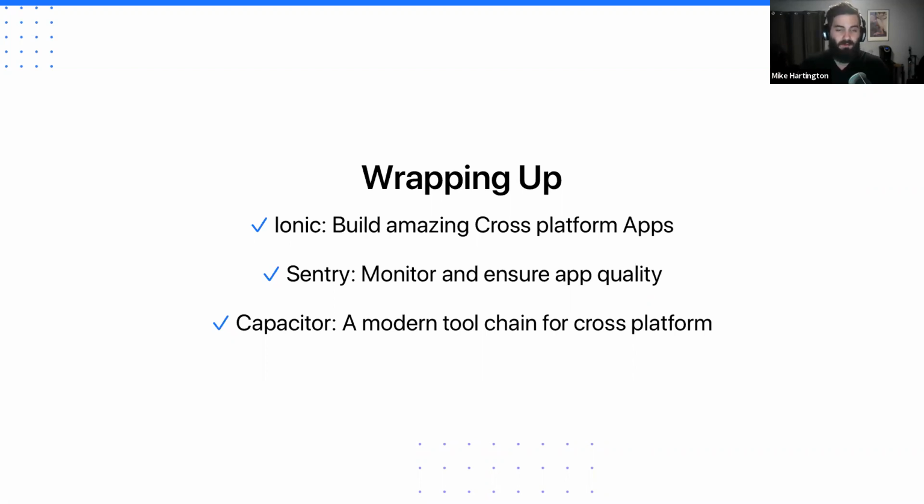And if you still want to use cross-platform development, but maybe you don't want to use Ionic, that's totally fine. You could use something like Capacitor, which is independent from any UI library, but still gives you the tools that you need to target cross-platform.